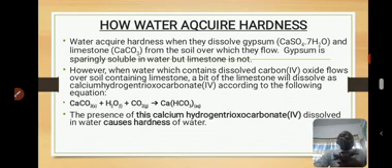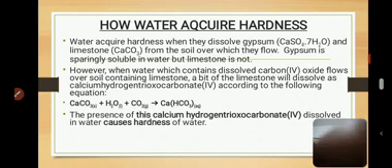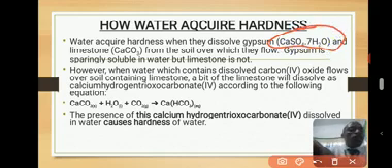Actually, rainwater doesn't have iron, so it's not hard. But when rain falls and the water begins to flow, if the water flows on a soil that contains gypsum, gypsum is a calcium sulfate, hydrated calcium sulfate. You can see CaSO4 with 2 water, that's gypsum.